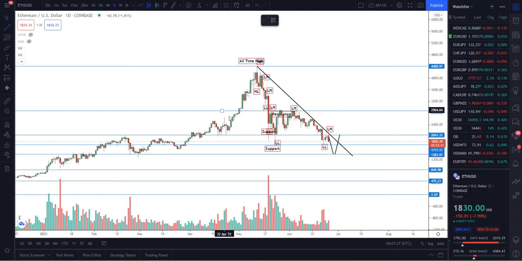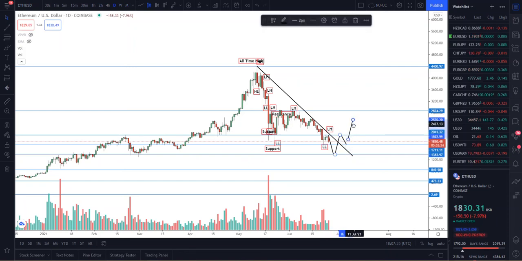It might do this, then do this. So that's going to be a lower low, a higher high, because the previous high is here, so this might be a higher high. Now this will be a lower high.